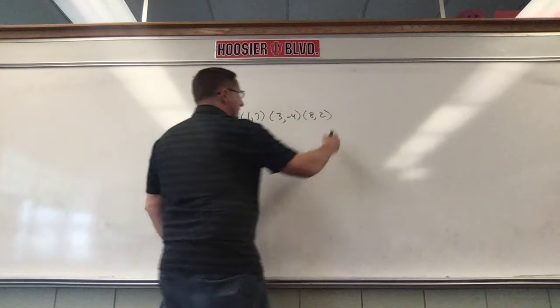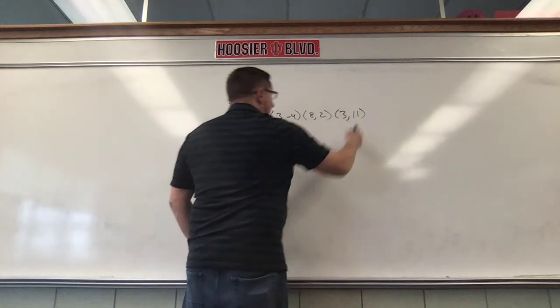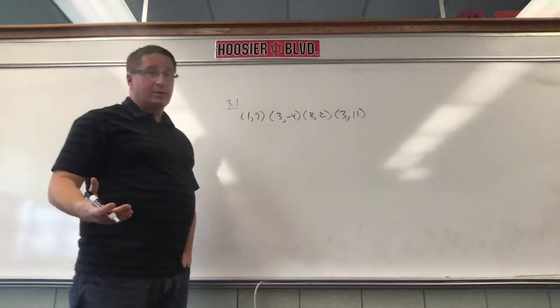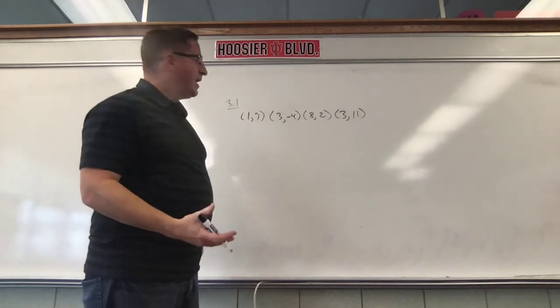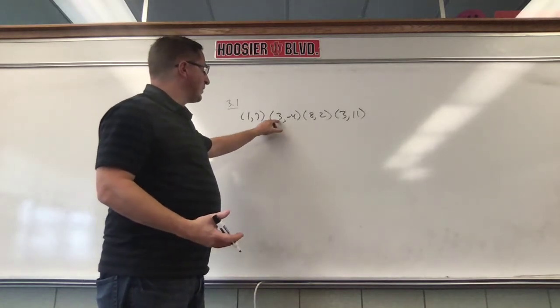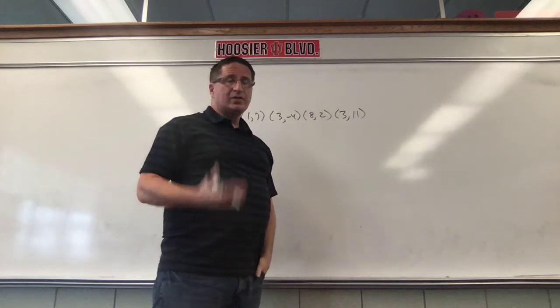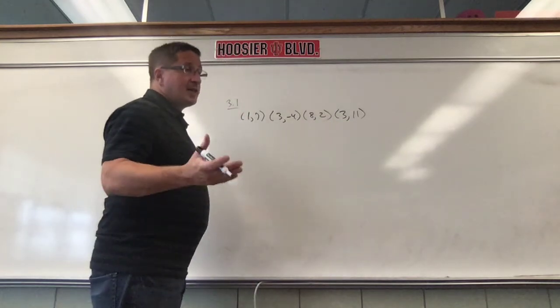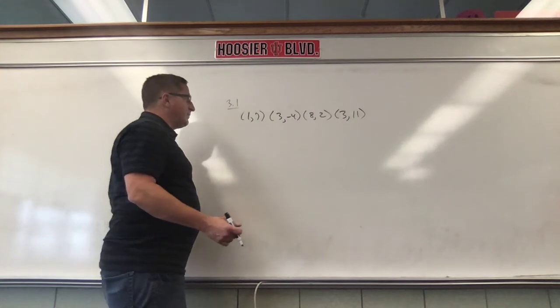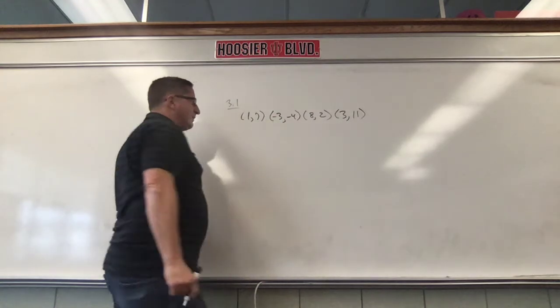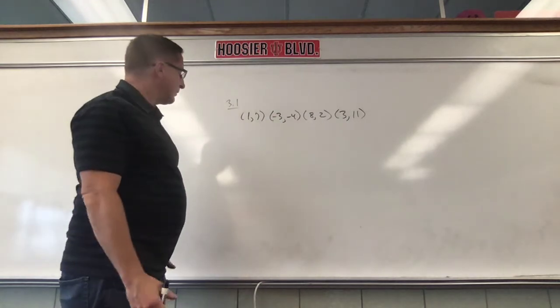Now, if I was to throw in this right here, (3, 11), it's still a relation, but it's no longer a function because this x value 3 is paired with -4 and 3 is also paired with 11. So it would be a relation, but it would not be a function. Now, if I made this into a -3, then it would still be a function.